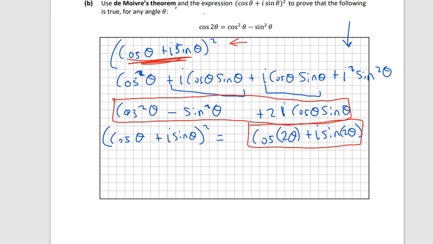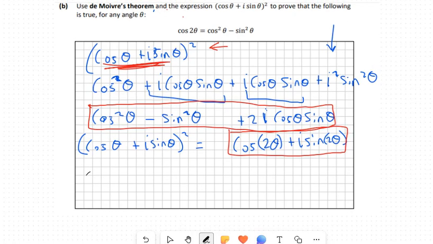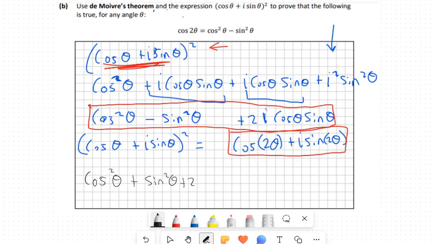So cos squared theta minus sine squared theta plus 2i cos theta sine theta.